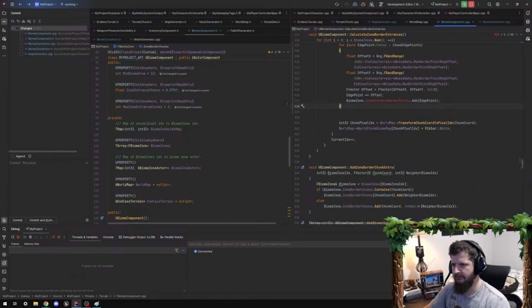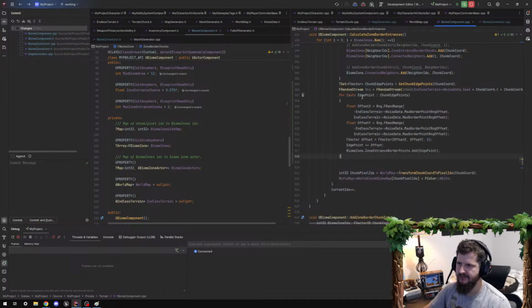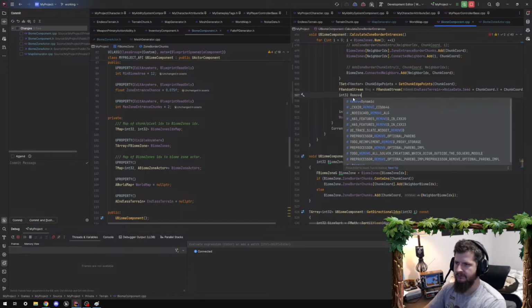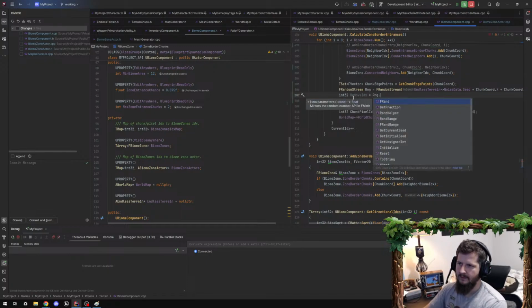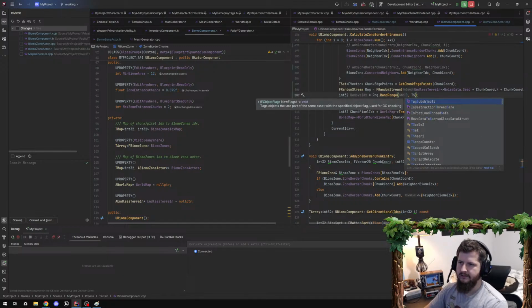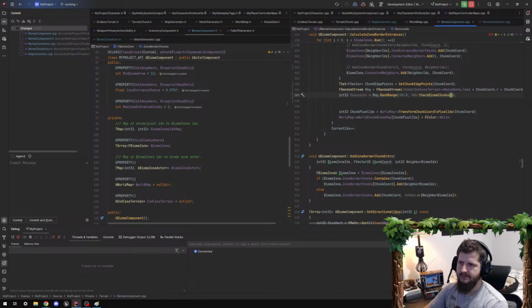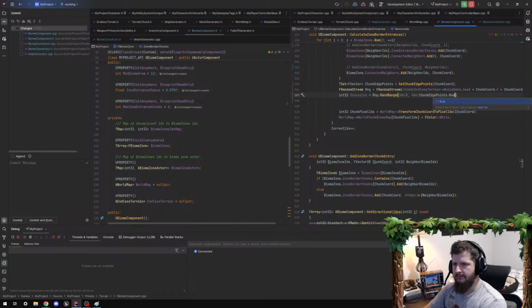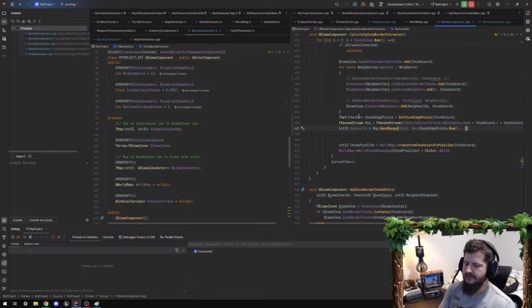Okay, so what was that? Stop that, Copilot. I just want to tab over there, please. Okay, thank you. So I want an integer, and this is going to be remove index: rand range between 0 and T chunk edge points dot num minus 1. So we're just getting a random index in that range.